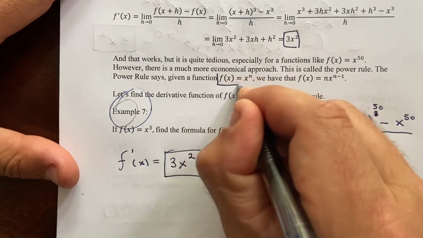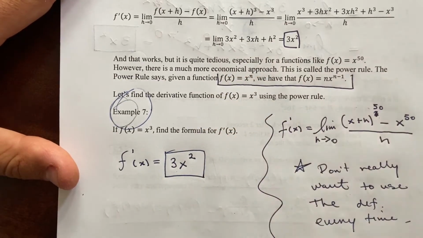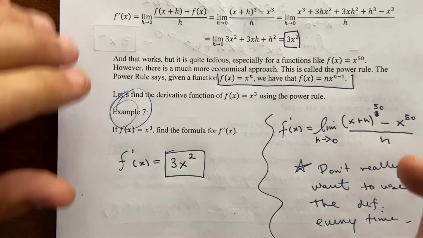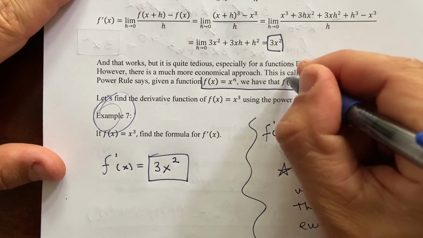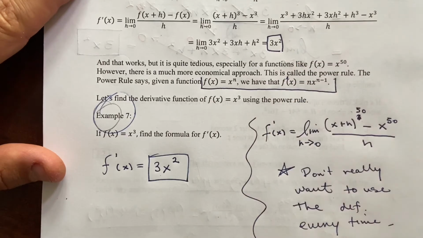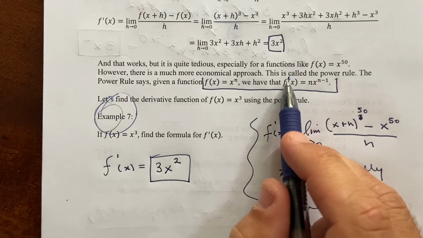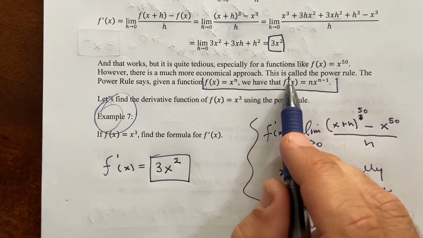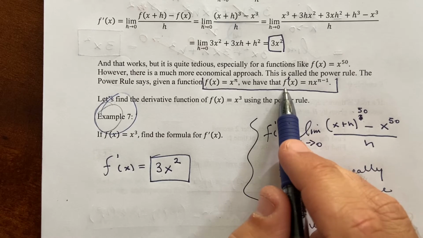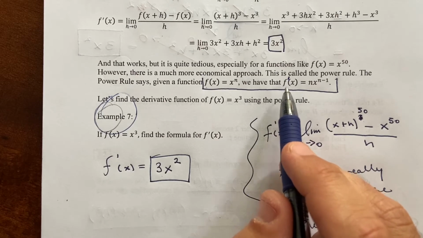There is a little typo in here. There should be a prime. We denote these derivatives with this prime. It's almost like an apostrophe, but we call it a prime. That denotes the first derivative of f. I should have had a prime notation right here for the derivative.